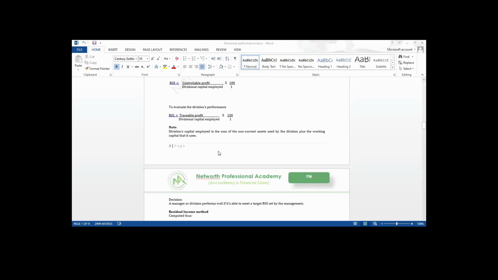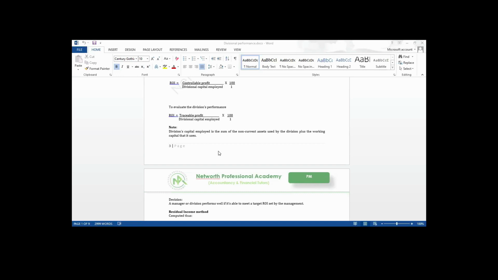And please note, your capital employed is the sum of non-current assets plus the working capital. Your capital employed, for simplicity, is all finance: shareholders' funds plus amounts contributed by the debt holders.